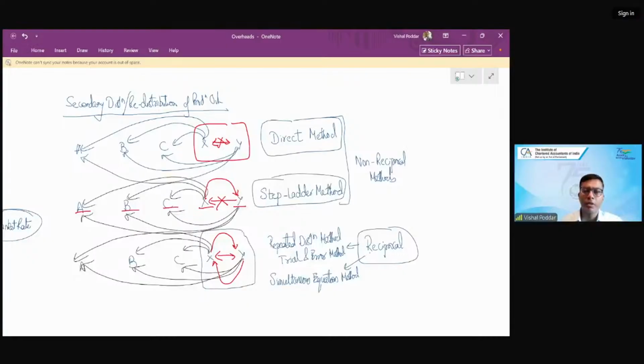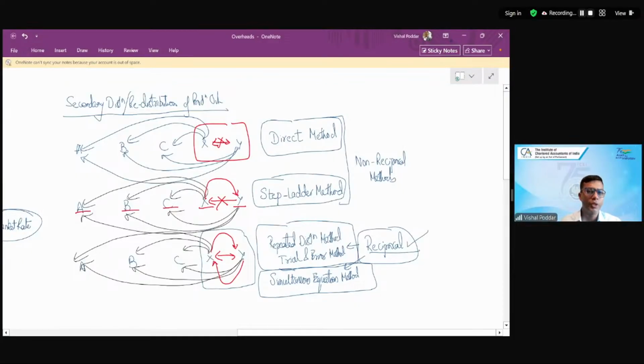Within the third scenario, you are given these optional methods. I'm using the word optional, meaning whichever of these methods you select, the answer will remain the same. So you have a choice: if the scenario is reciprocal, which method you will select out of these.